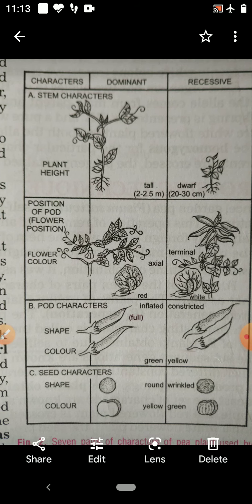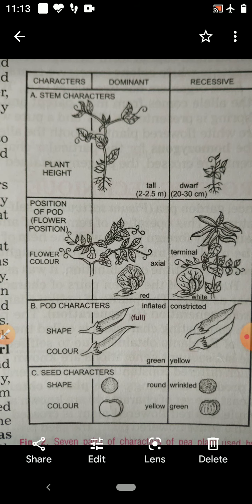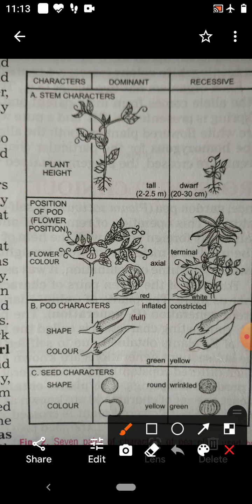The characters which were observed by Gregor John Mendel and which he used in his experiment were, first, height of the plant. So what are the contrasting features of the height? Some plants were tall and some plants were dwarf. Second was position of flower or position of pod.